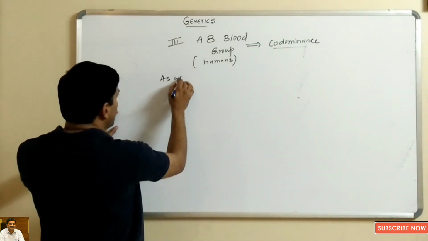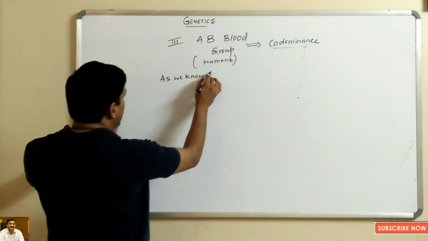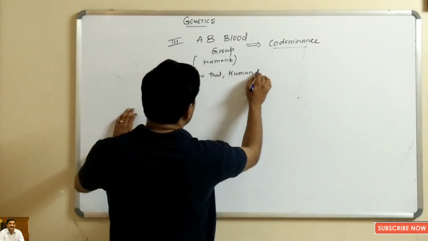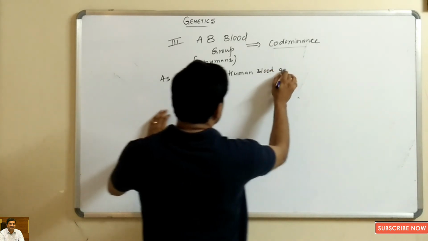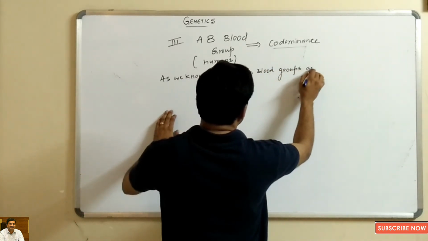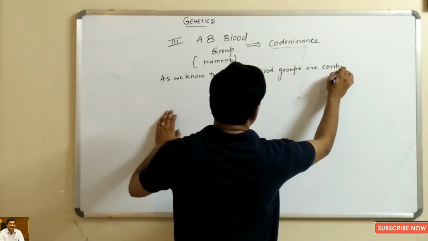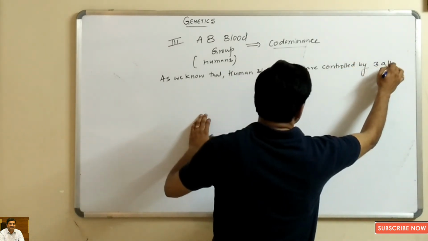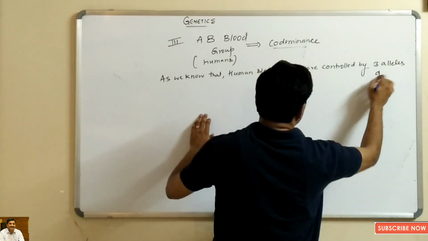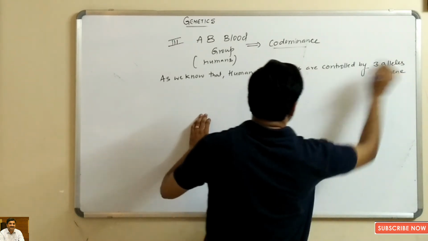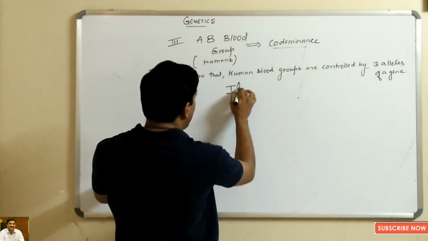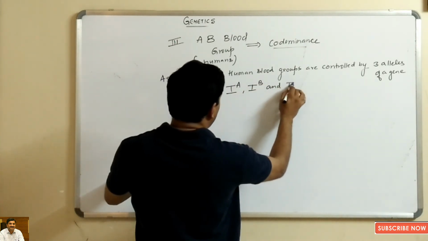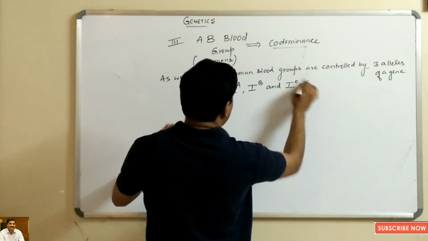As we know, human blood groups are controlled by three alleles of a gene. These alleles are IA, IB and IO or i.